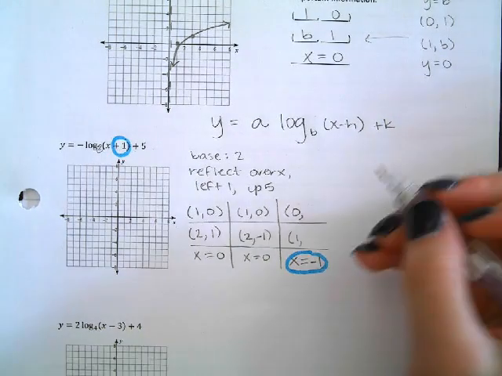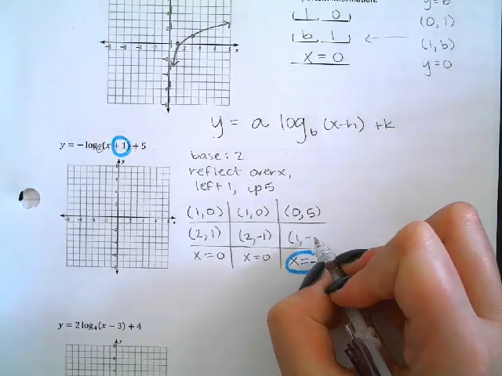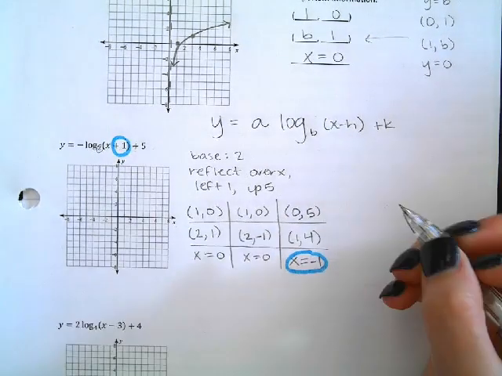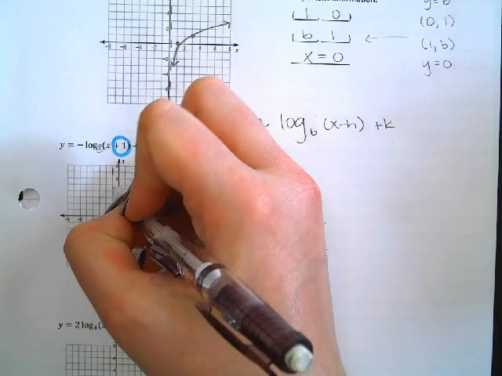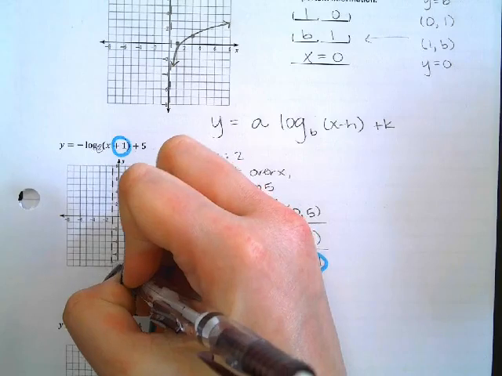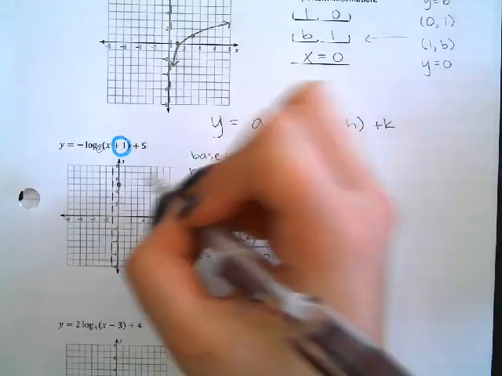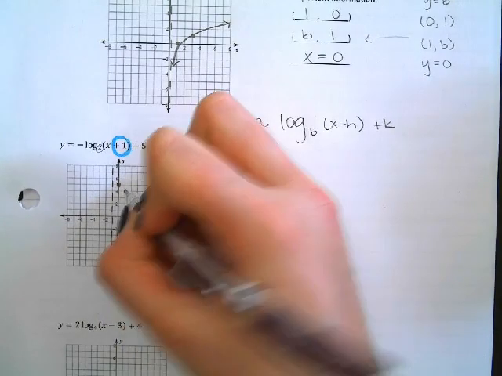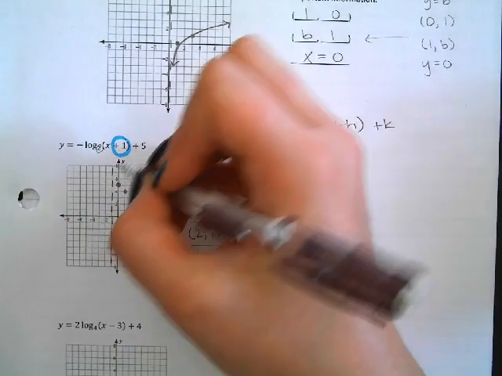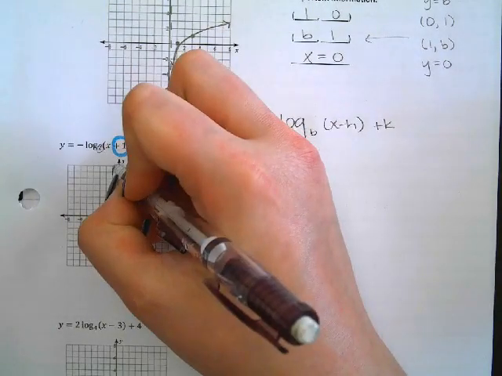All right, and then it said up 5, so 0 plus 5, negative 1 plus 5. All right, so I've got a vertical asymptote at negative 1. And I've got the points (0, 5) and (1, 4). And so that means that the graph is going to look like this.